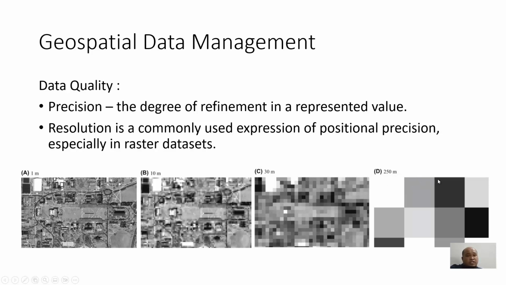So this one pixel, from one end to another, is 250 meters. You can see nothing here. And let's say with this accuracy, you ask, okay, show me building A. You will not be able to show anything right here because it is simply black and white.